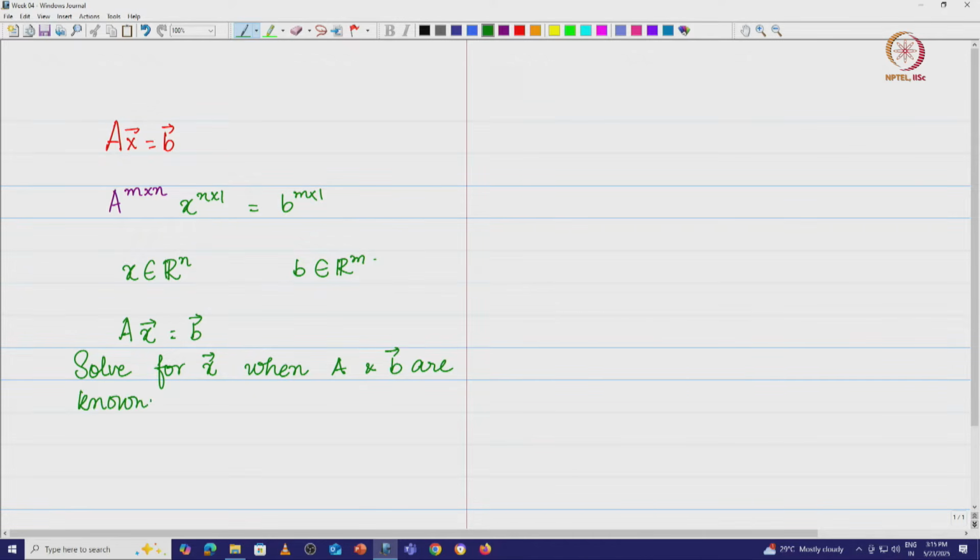Now what is interesting here is we will just look at a simple example and see what happens. Suppose I give you this example: 2x1 plus x2 is equal to 3 and 2x1 plus x2 is equal to 4, and I tell you solve for x1 and x2.